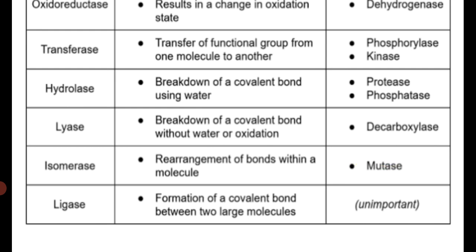Then the ligase: formation of a covalent bond between two large molecules. During DNA replication, in the lagging strand, Okazaki fragments are formed. These Okazaki fragments are joined to each other with the help of DNA ligase. DNA ligase is an example of this type.